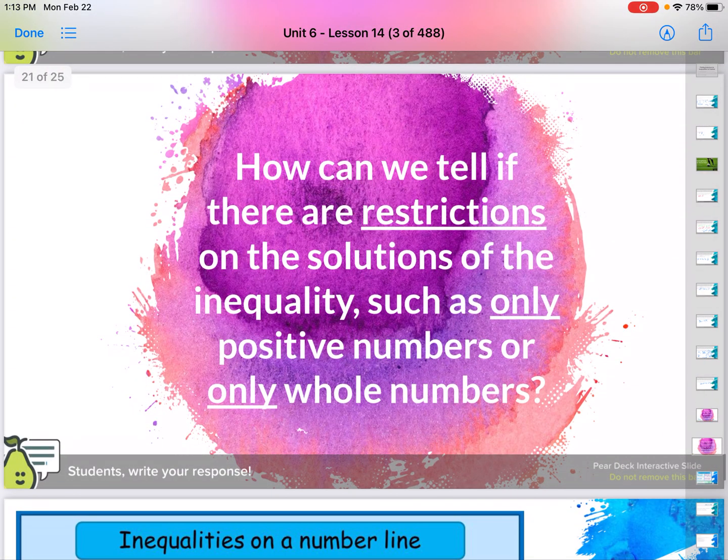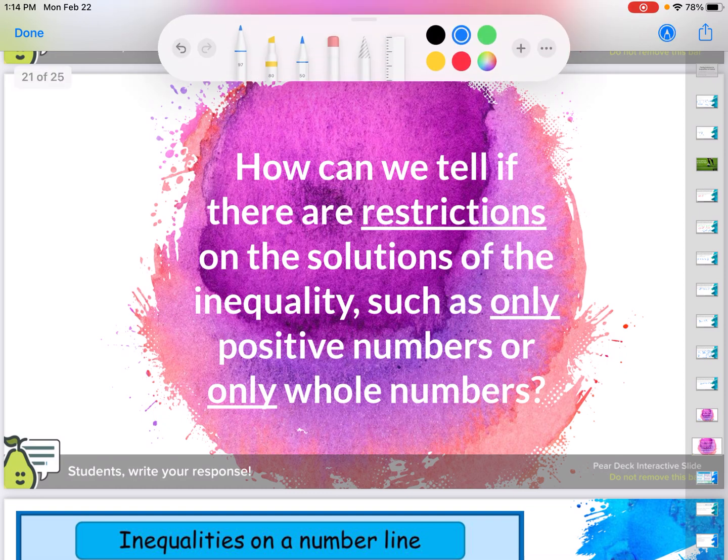How can you tell if there are restrictions on solutions of the inequality, such as only positive numbers or only whole numbers? Well, you would have to know what the context of the problem is.